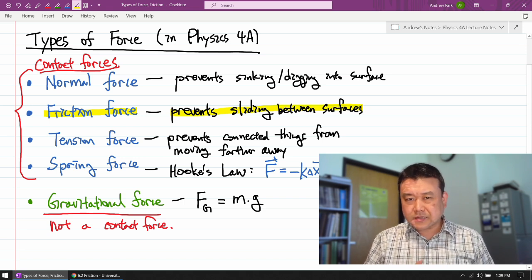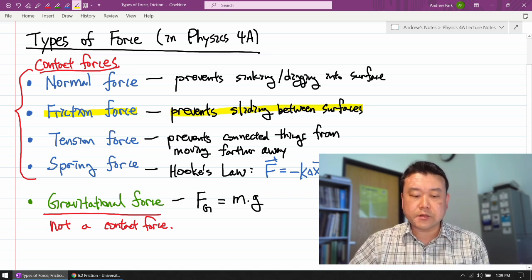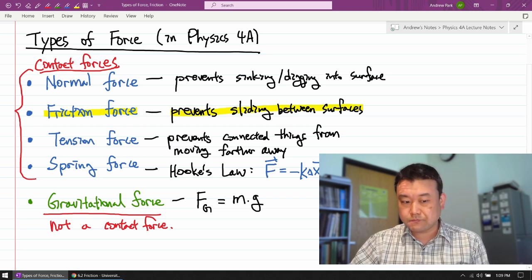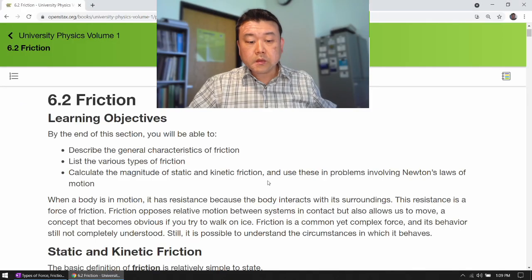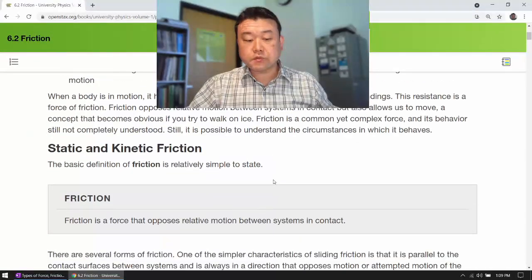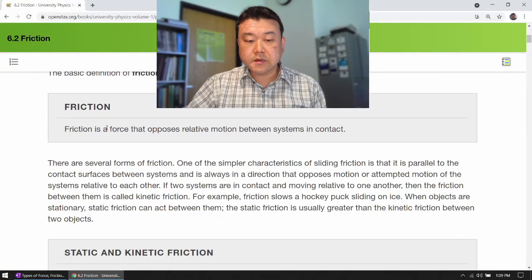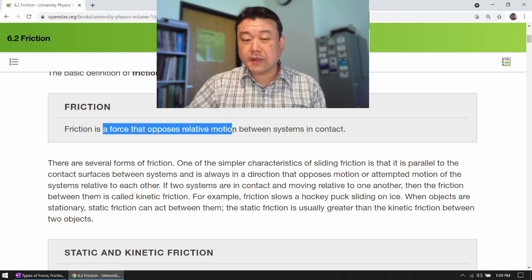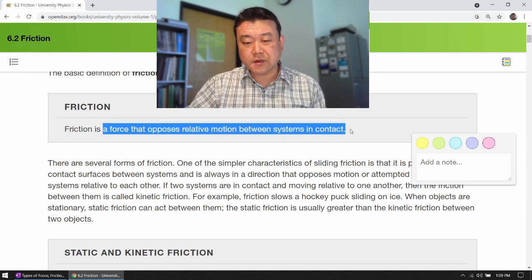And this is a slightly different phrasing from what you see in the textbook. Let me show you the textbook. So the textbook describes friction as a force that opposes relative motion between systems in contact.